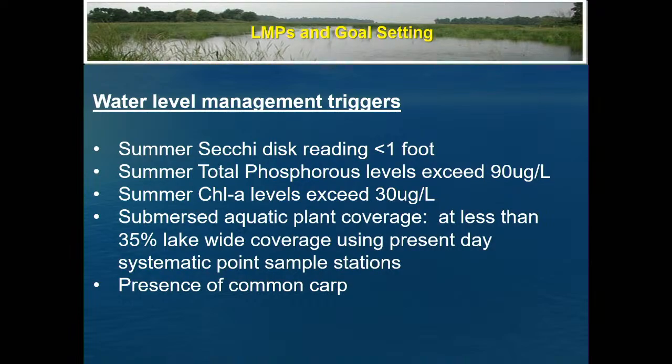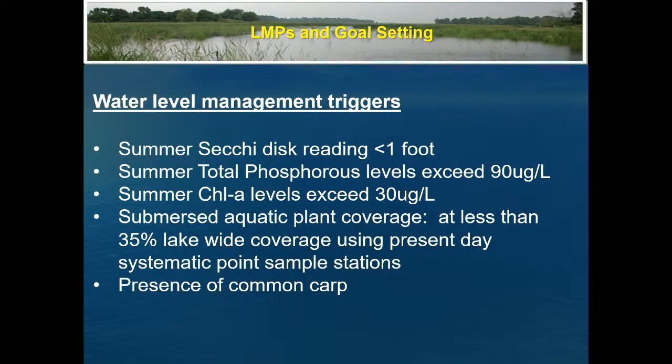If our water clarity is less than a foot, that would be one thing that would trigger a drawdown. Usually it takes multiple of these to trigger a drawdown. So it's not like we have a big flush of water one year, the water's dirty for a year, and we automatically go to a drawdown, because we're not quite there.